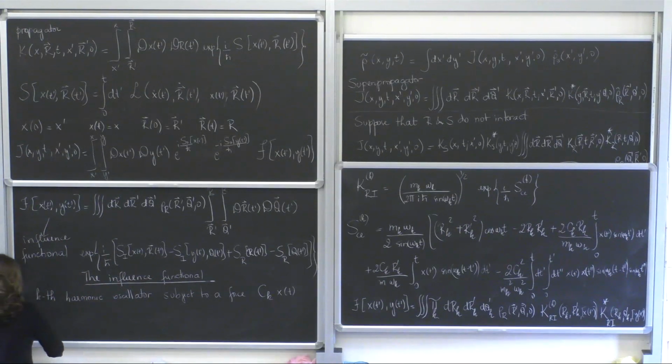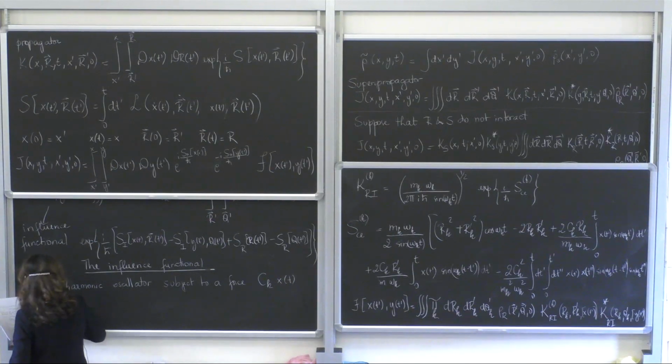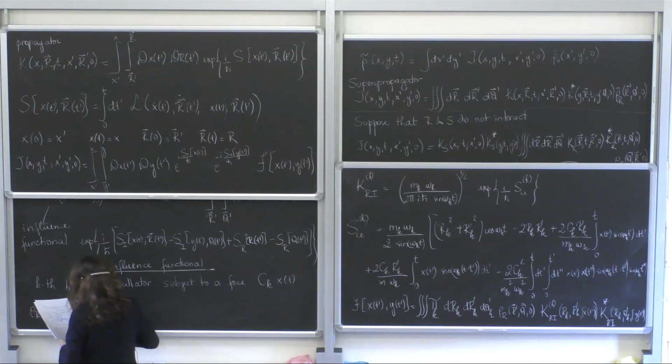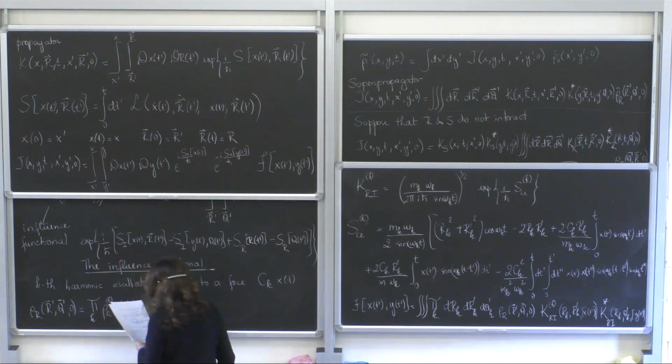Maybe down here, that your rho for the reservoir of R prime, Q prime, and 0 is the product in k of your rho reservoir k for the kth harmonic oscillator of R prime, Q prime, 0.